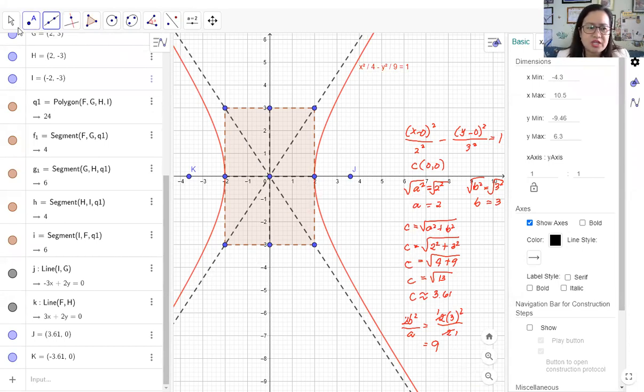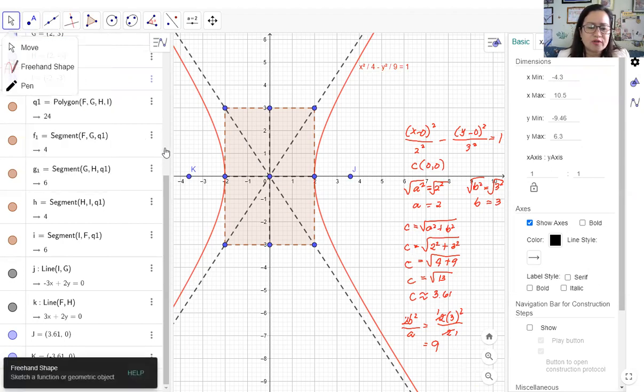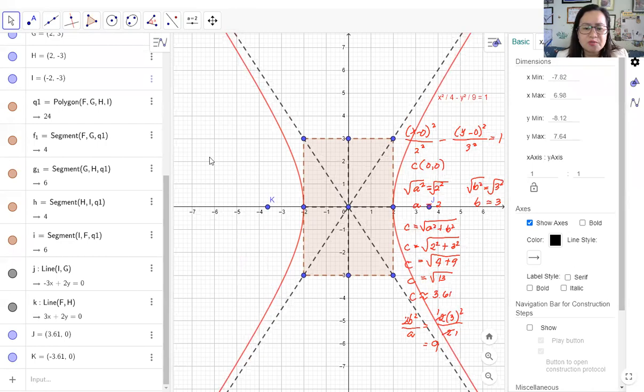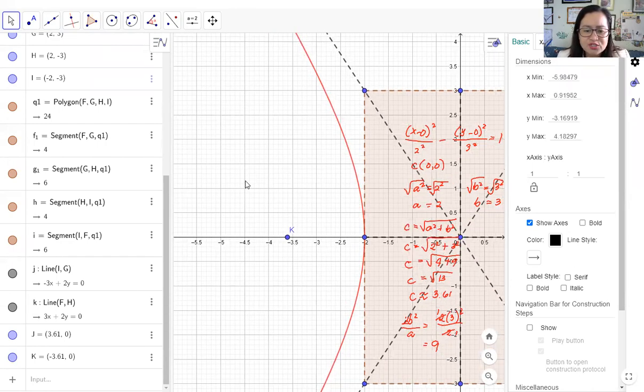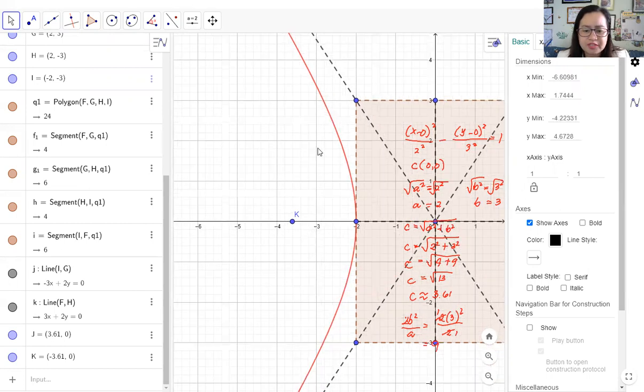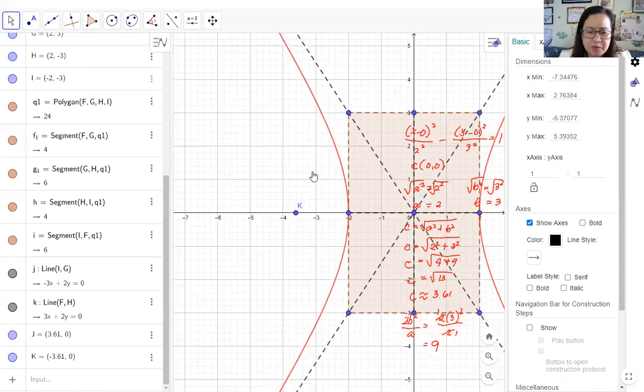Now, how can we draw or graph the latus rectum? Take note that the latus rectum passes through the focus. So let's plot the 2 points being connected by the latus rectum.